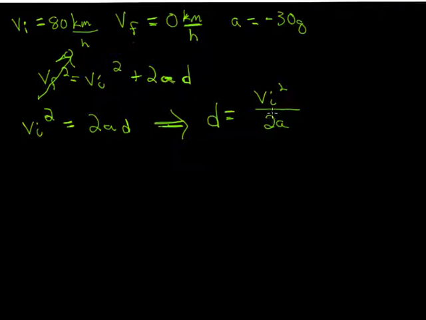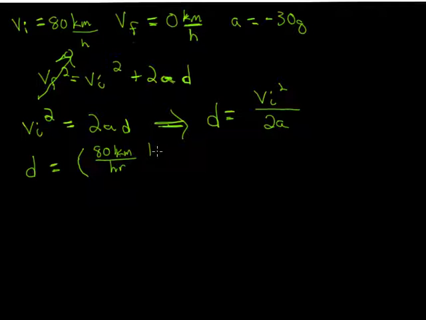Alright, so we have the distance that's going to happen on this journey, as the car crumples and stops everything down. So what we want to do is plug in our numbers, and we've got to look at some conversion factors here. So Vi is 80 kilometers per hour. But we're going to want that in meters per second. So 1,000 meters is 1 kilometer. Oops, other way around, I almost flipped it.